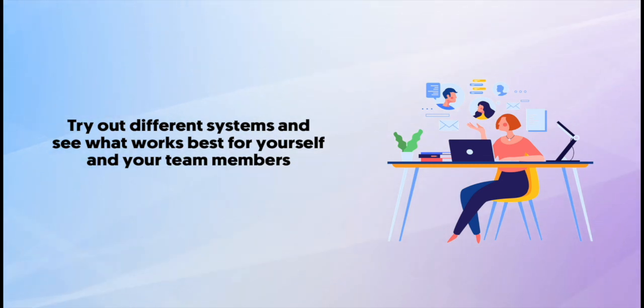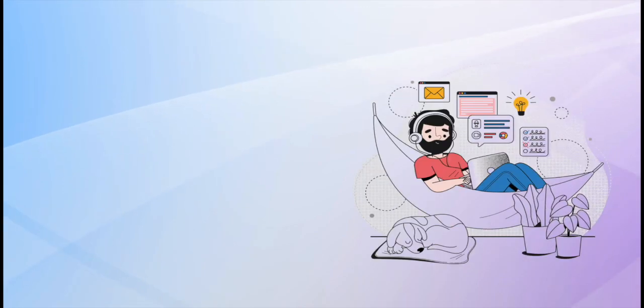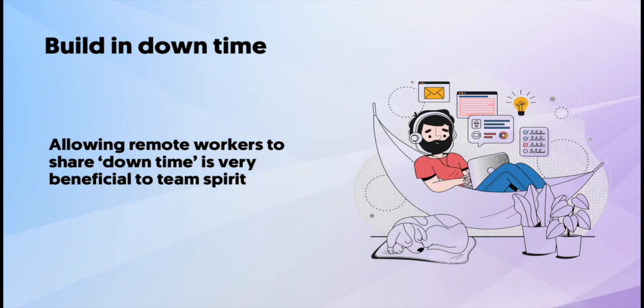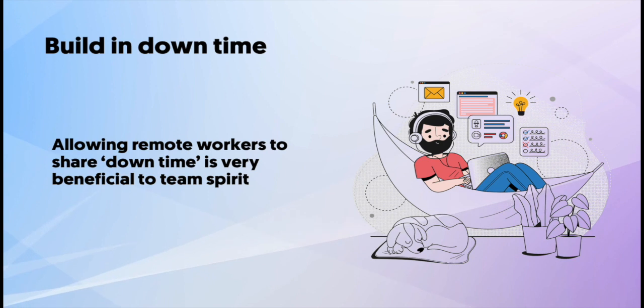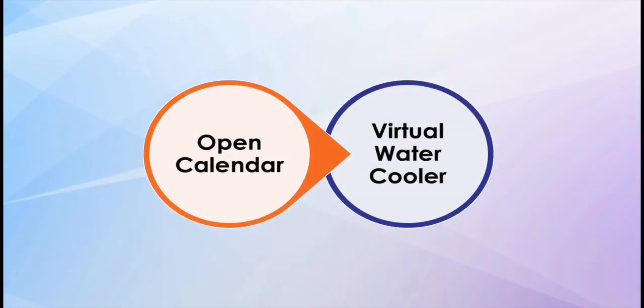Build in downtime. Don't just focus on work. Allowing your remote workers to share some downtime is very beneficial to the team spirit. Consider setting up systems that allow for this. For example, open calendar.